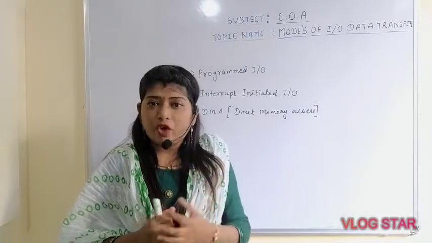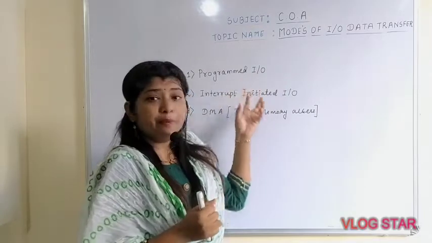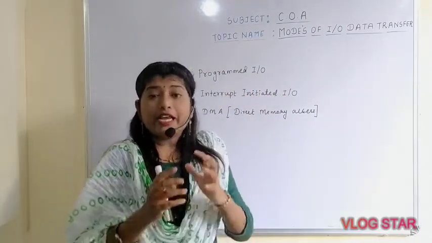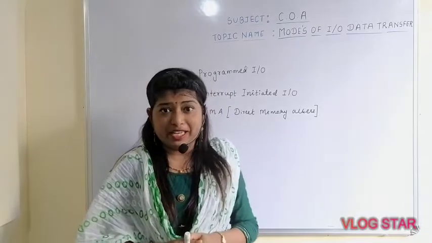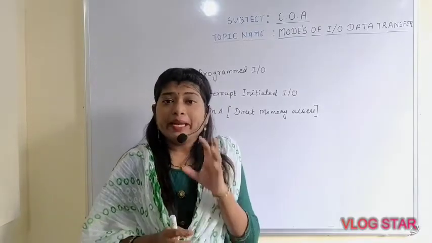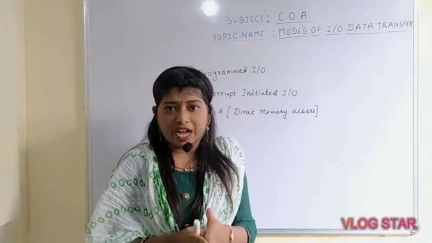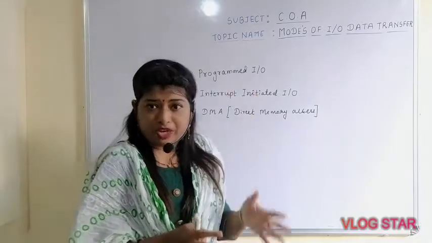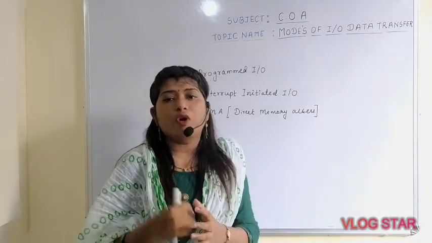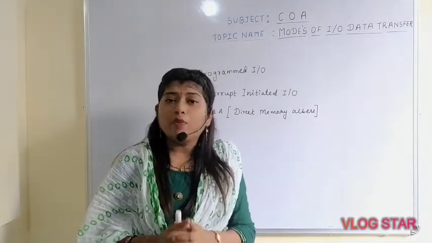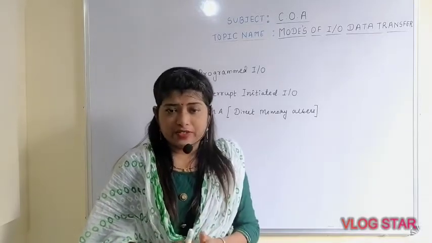In the programmed input output method, it requires constant monitoring of the peripheral device by the CPU. It means that in programmed input output transfer, the CPU is busy performing the operation. I hope you have understood the first input output data transfer.